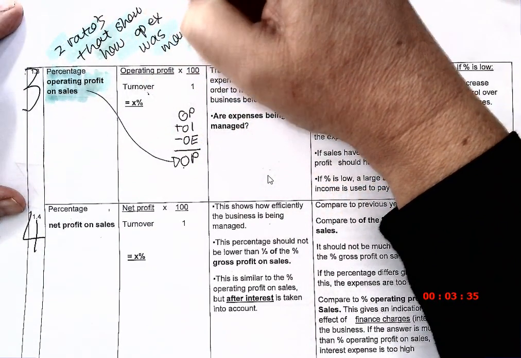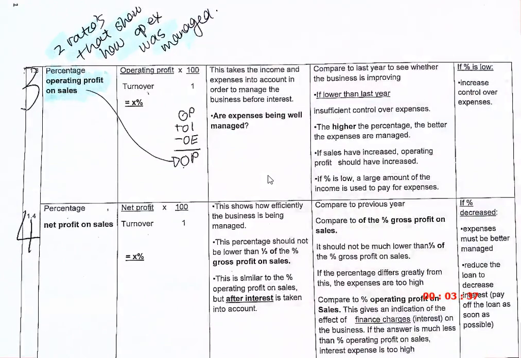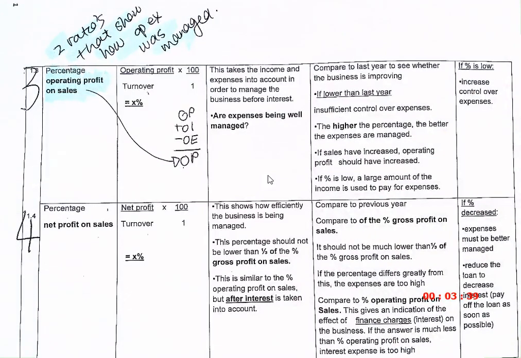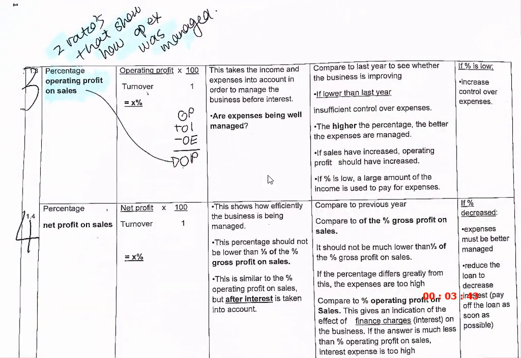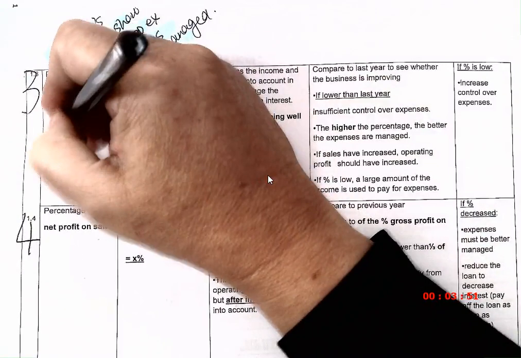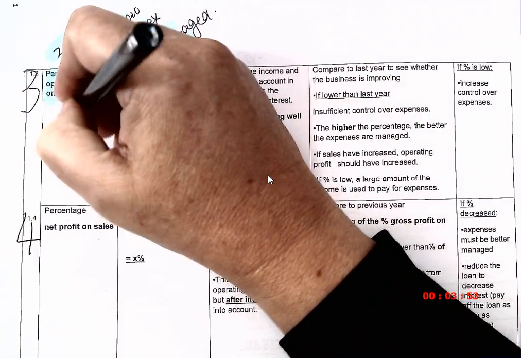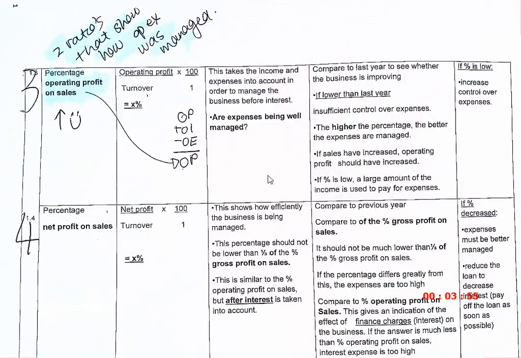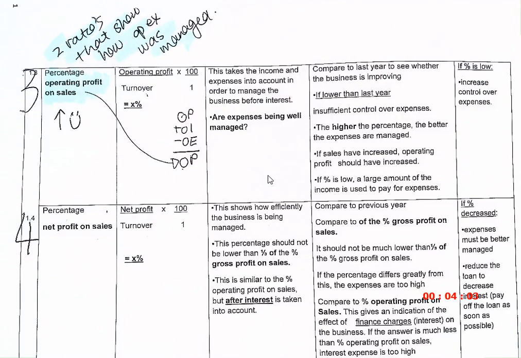Which one's in the front? These two, number 3 and 5. Because 5 is operating expenses on sales. And this is operating profit on sales. So I want the operating profit on sales to increase because that's an indication that my expenses is a smaller percentage of my sales than last year.